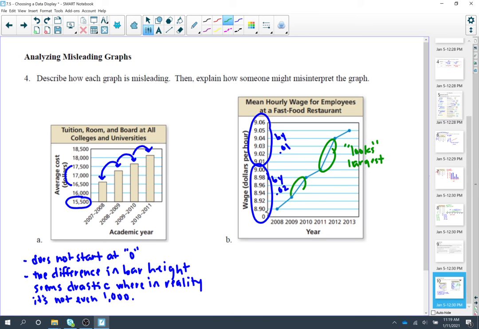Whereas here, this doesn't look as large, but each increment is going up by 0.02, which is actually more. This is the largest increase. So actually, the largest increase in wages happened from 2009 to 2010, even though it looks like the largest increase was from 2011 to 2012. That's very misleading.